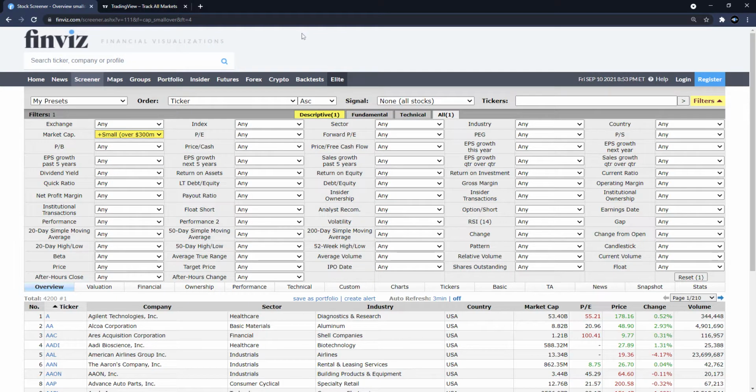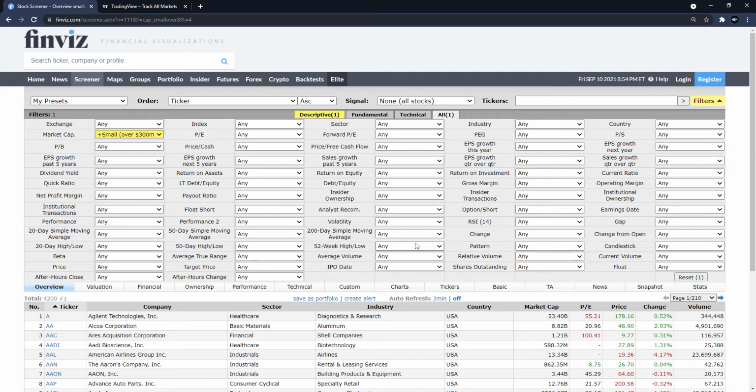Then the next thing that we want to fill out will be the average volume. What does the average volume mean? Average volume is, as you can see, the average number of shares traded per day, or in simple words, the average number of shares traded back and forth over a prolonged period of time.